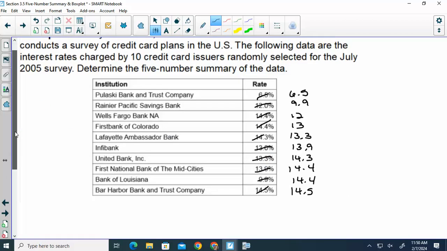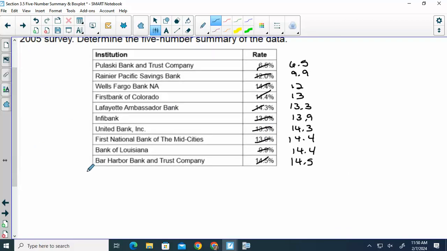Then we're going to have to find all of our quartiles. When we did that yesterday, I told you it's easiest to start with the median. We have 10 values here, so my median would be in the middle of these two. If you add those up and divide by 2, you get the median.